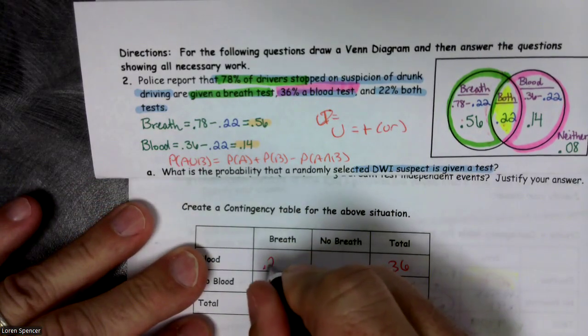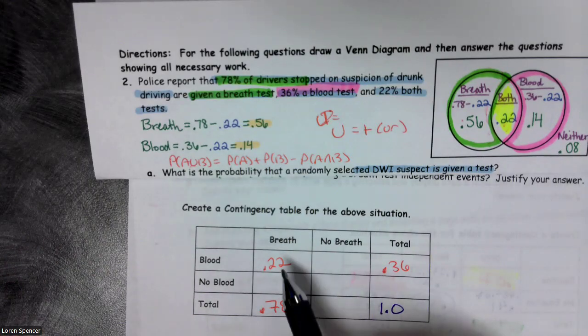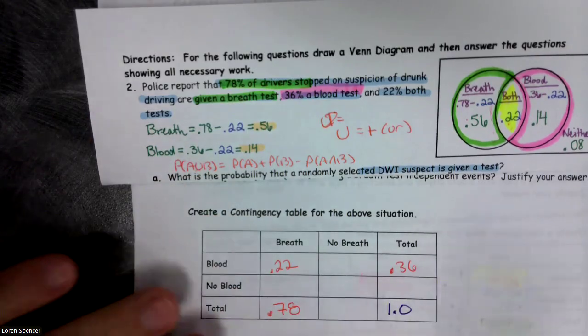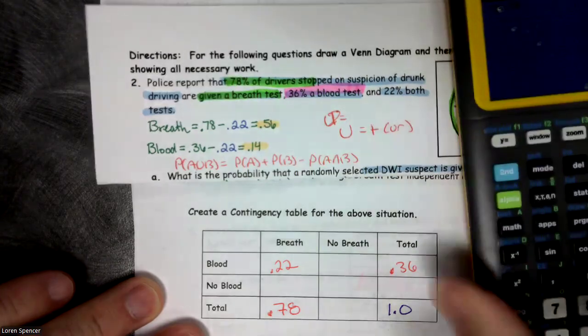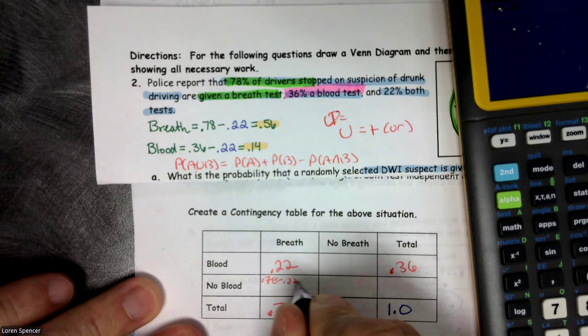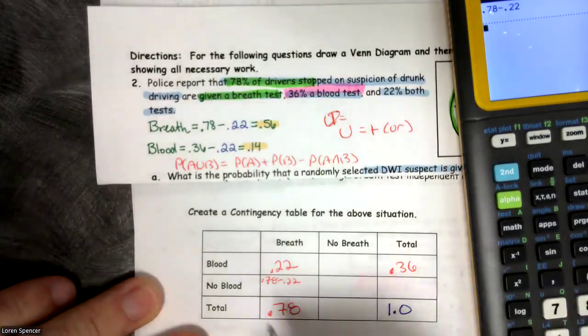At this point, we can fill in the entire table just by using math because everything has to add up. So if I take that 0.78 minus 0.22, I end up getting 0.56.